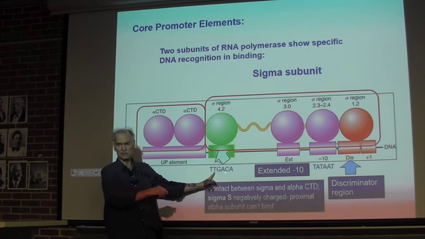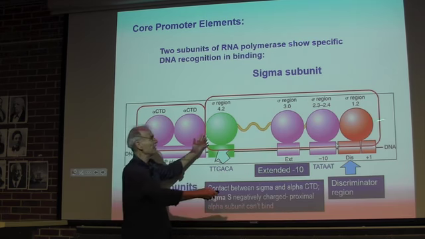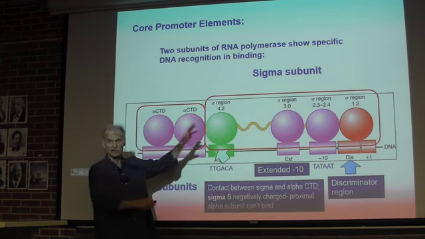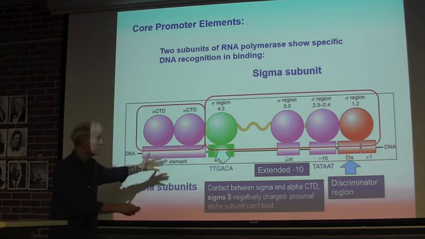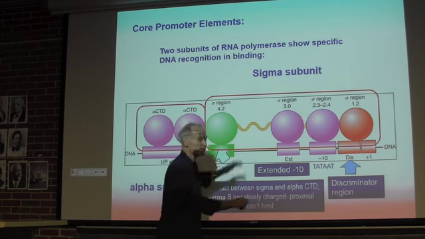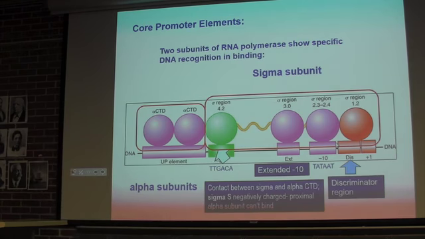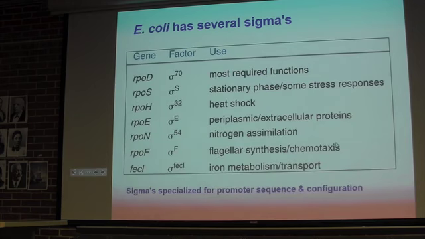So that's an easy way to regulate. And that sigma S looks identical to sigma 70. Even the sites where it binds is the same. But all the rest go their own way. But that's the mistake or the flaw in sigma S for stationary. Okay, we got that out of the way.